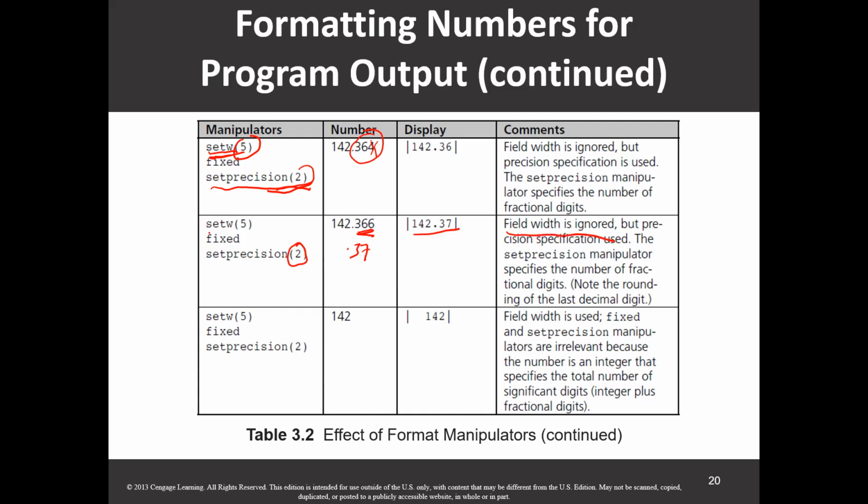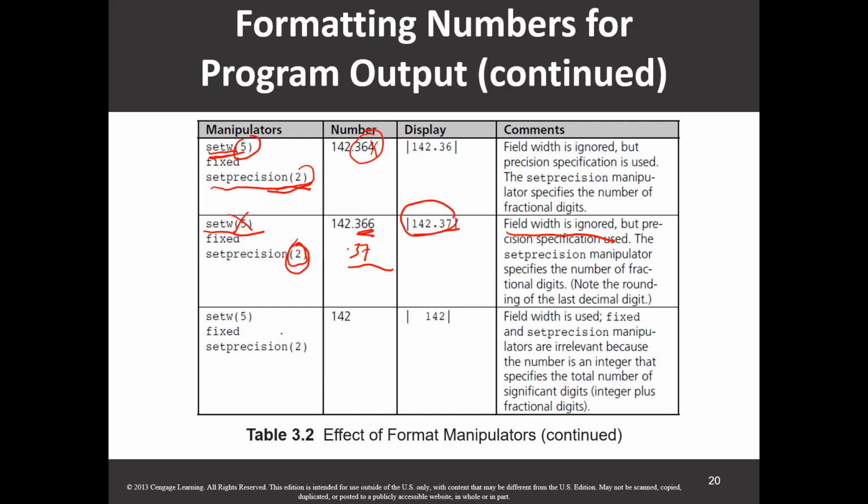Why? Because set width requires 5 digits only and here the number is much bigger than 5, it's 7. This means we're going to ignore it, as if we had no set width. So we go and achieve the precision. How many digits are required after the point? Only 2, and I noticed that the third one here can be rounded, so I'm going to round it and print it here.